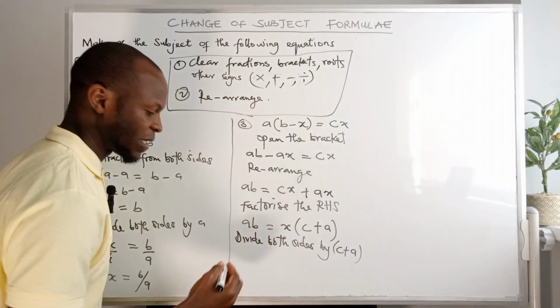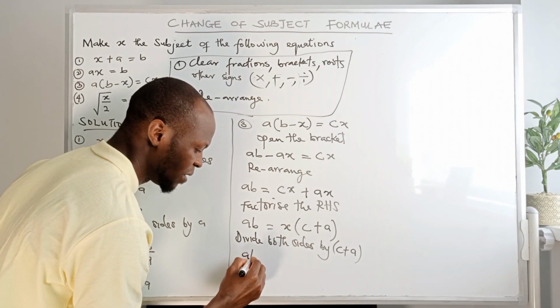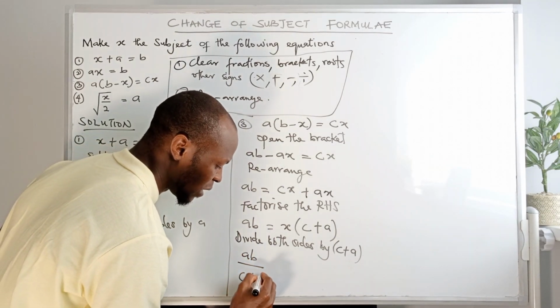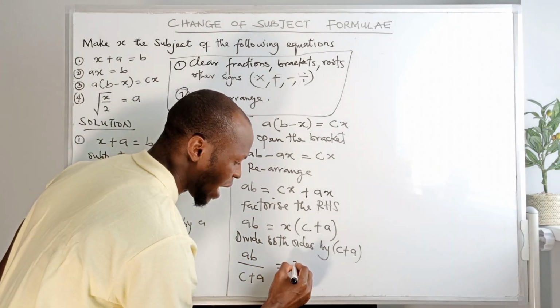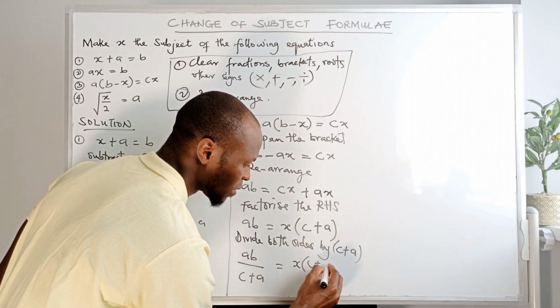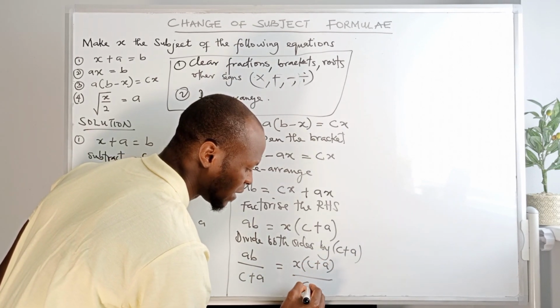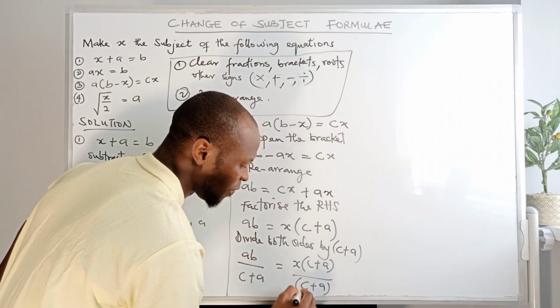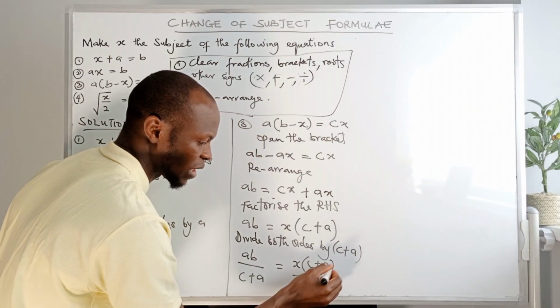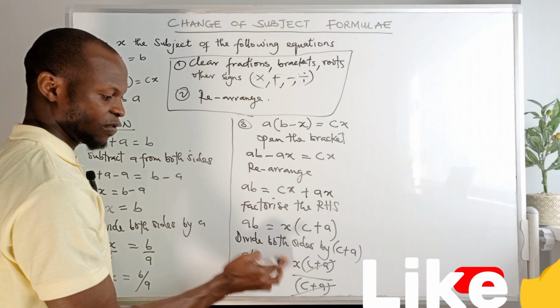So if I divide both sides by c plus a, I have my ab divided by c plus a equals to x into bracket c plus a, all divided by c plus a. Don't forget, this is a multiplication, so this one can cancel this. So I'm left with my x.